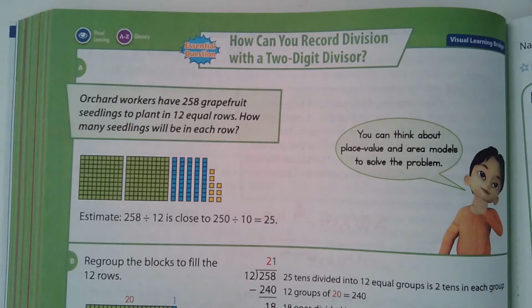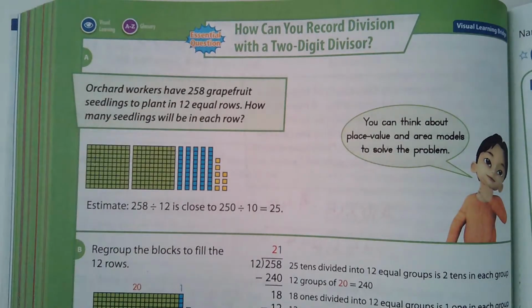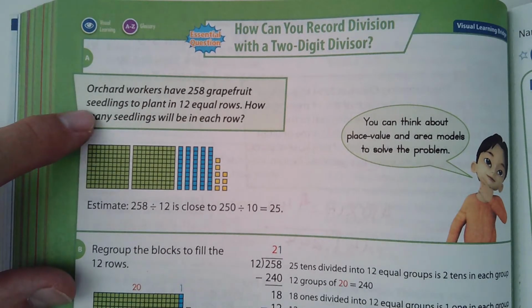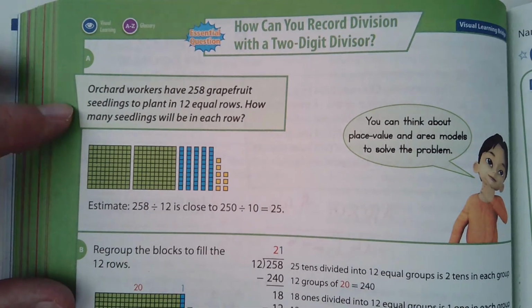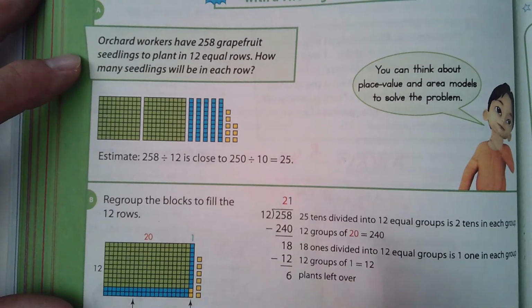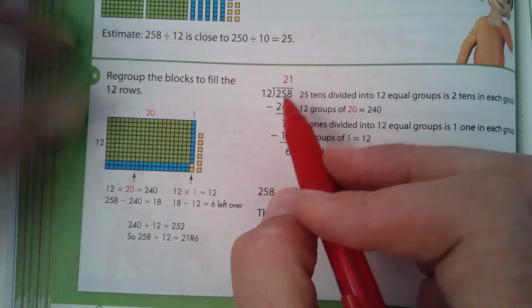Next page. We're on 198 now. And it says, orchard workers have 258 grapefruit seedlings to plant in 12 equal rows. How many seedlings will be in each row? And so they do an estimate here first, and then they actually do the problem a little bit further down here.